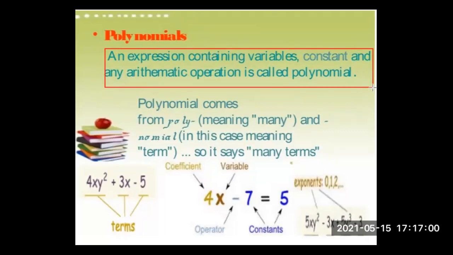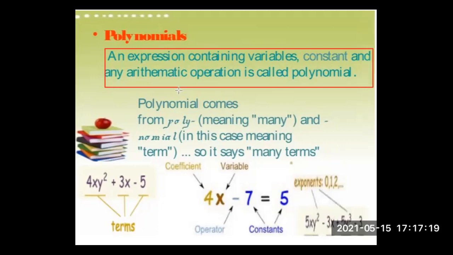That means any expression which will contain variables, constant and any arithmetic operation. So any expression, if it contains these three things, that expression we can call a polynomial.